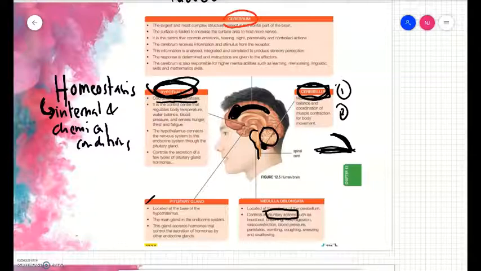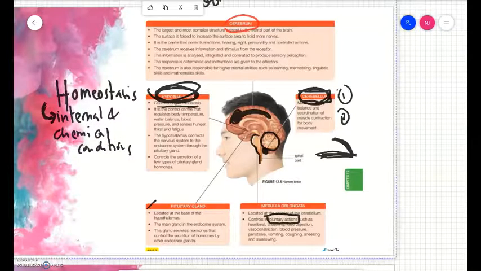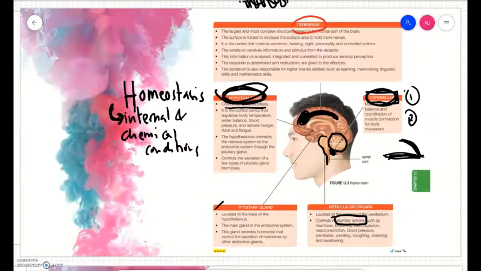What is involuntary action? First is the heartbeat. Okay, heartbeat, breathing, food digestion, vasoconstriction, blood pressure, peristalsis, vomiting, coughing, sneezing, and so on.